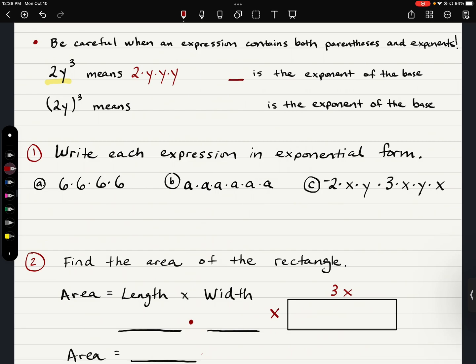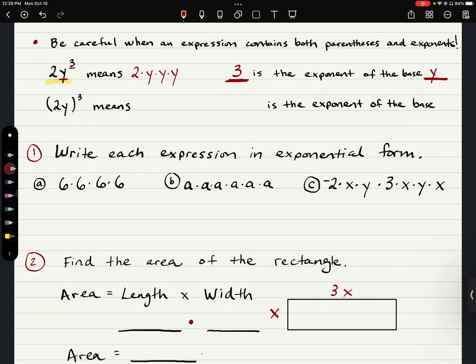So if we were asked specifically, like, what is the exponent in this expression? Well, the exponent is 3. And the base of that exponent is going to be y, right? So our y right here is being raised to the third power. 2 is not being raised to the third power. 2 is simply to the first power.